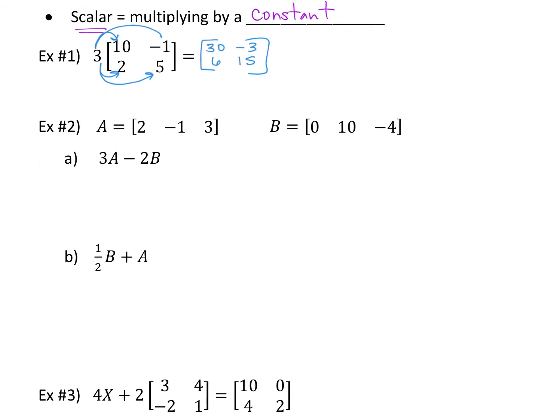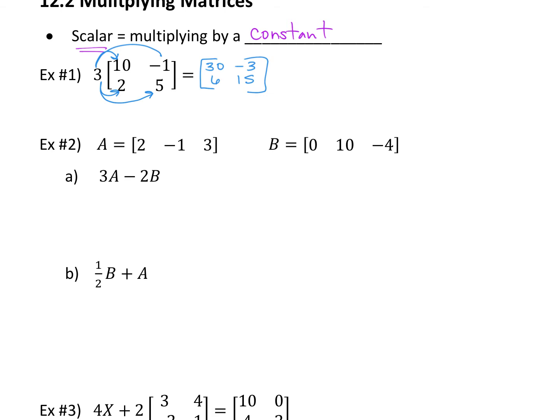So let's say they give us two matrices here. They give us A and B, which are both, what are the dimensions of A and B? Rows by columns, right? 1 by 3. So those are 1 by 3 matrices. We're going to multiply them by a constant. So 3 times A and 2 times B, right?